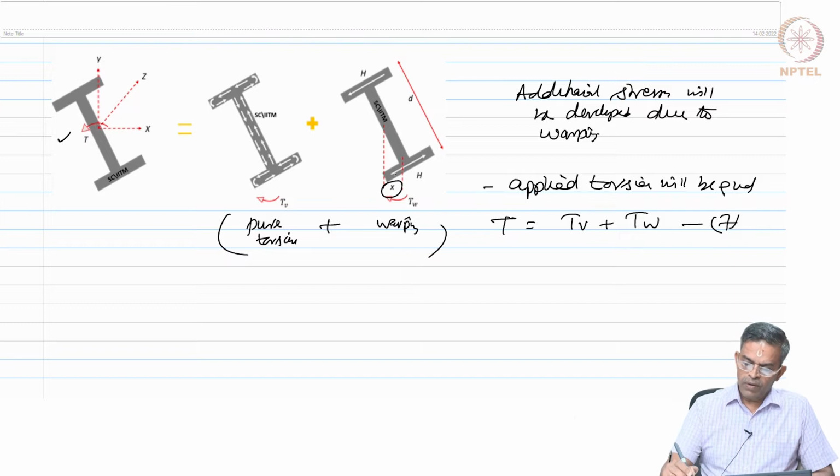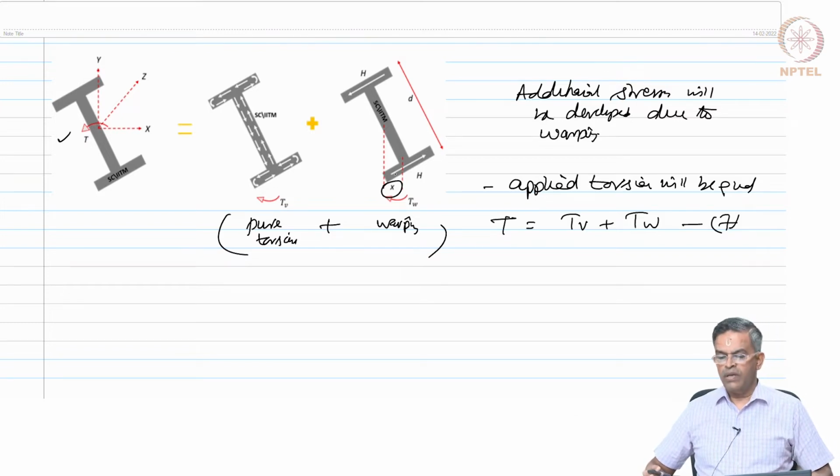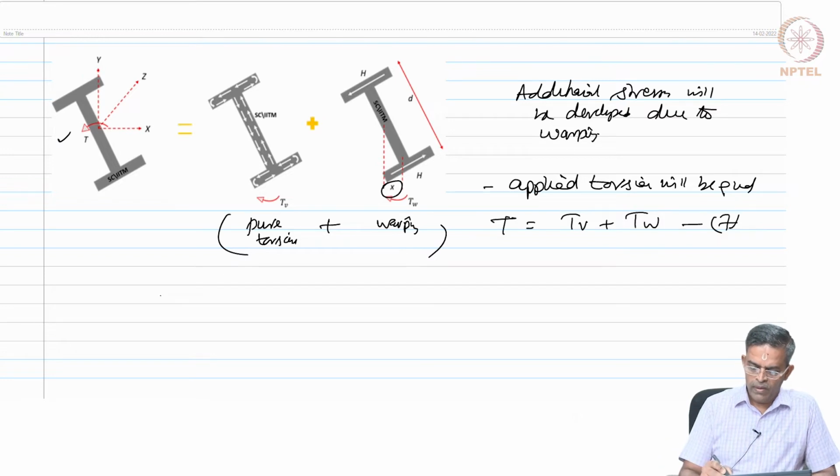And this is the shift we have seen, which equally displaces both top and bottom flanges in the opposite direction by delta by 2 or x by 2. They create a couple which is h into d as you see on the figure. So, Tw will be now counteracted by this additional moment. Now, let us see what is Tv.